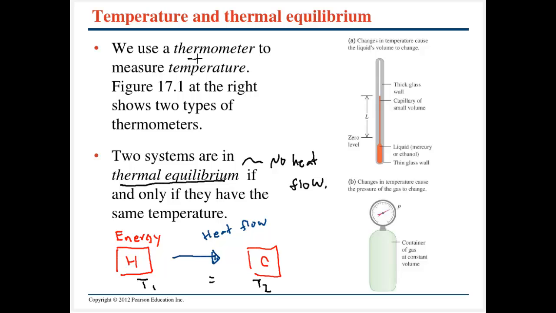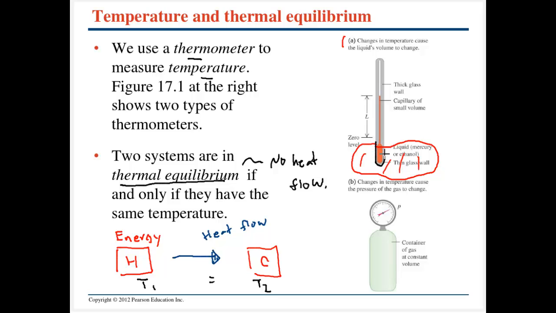We use a thermometer to measure temperature, and it actually takes advantage of this thing called thermal equilibrium. If we take our thermometer, you probably had your temperature taken with this as a kid. If you stick it into a hot turkey or something like that, it's going to eventually become in thermal equilibrium with the hot turkey.